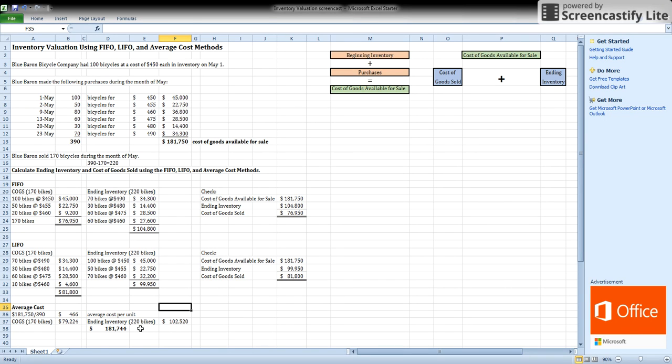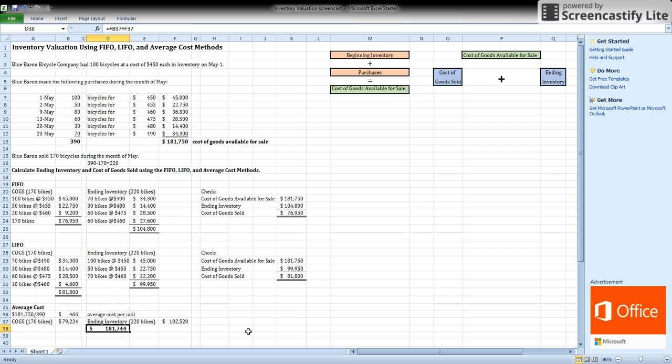And if we know what is left in our ending inventory is 220 bicycles, and we multiply that by the $466 per unit, we end up with $102,520 in our ending inventory. Now, if you add our cost of goods sold to our ending inventory, you don't exactly come up with the $181,750. We end up with $181,744, and this is just due to rounding.